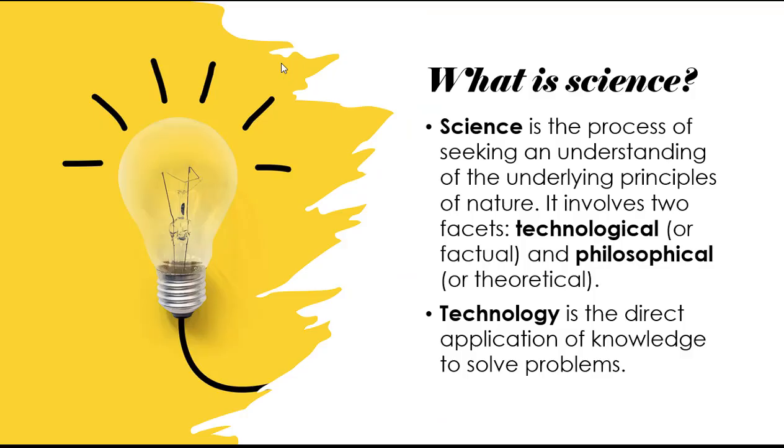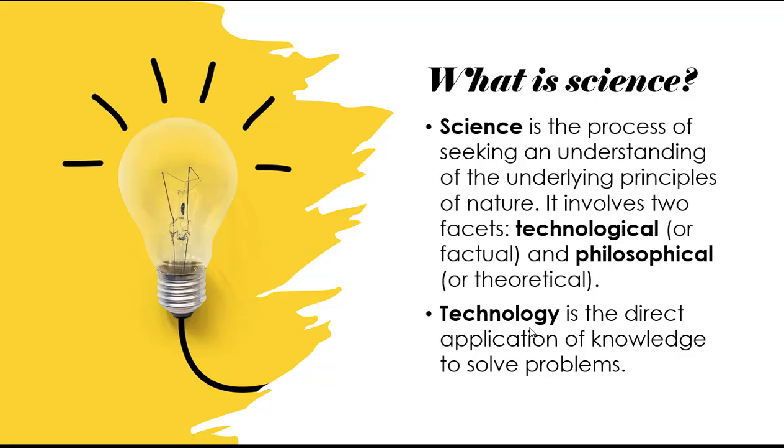So what is science? So science is the process of seeking and understanding of the underlying principles of nature. It involves two facets: technological or factual, and philosophical or theoretical. Technology, therefore, is the direct application of scientific knowledge in order to solve problems, right?